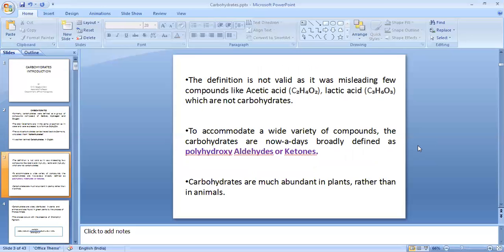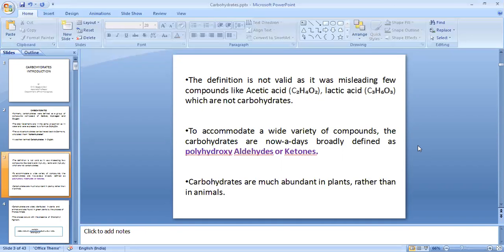The molecular formula of acetic acid is C2H4O2 and that of lactic acid is C3H6O3, which also fit, but they are not under the class of carbohydrates. So the former definition was misleading.